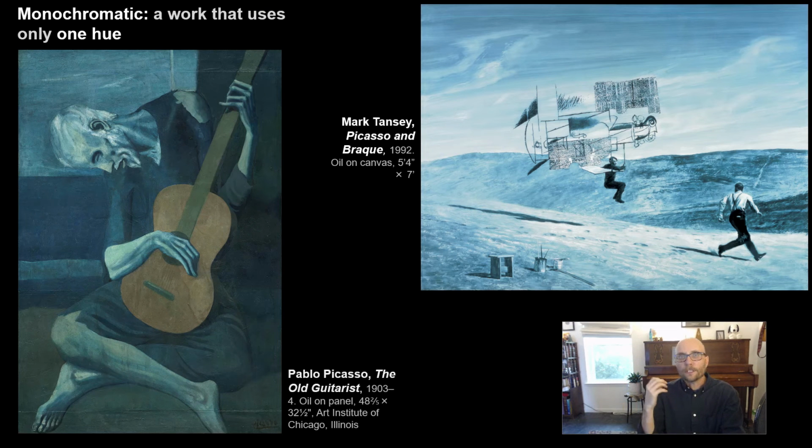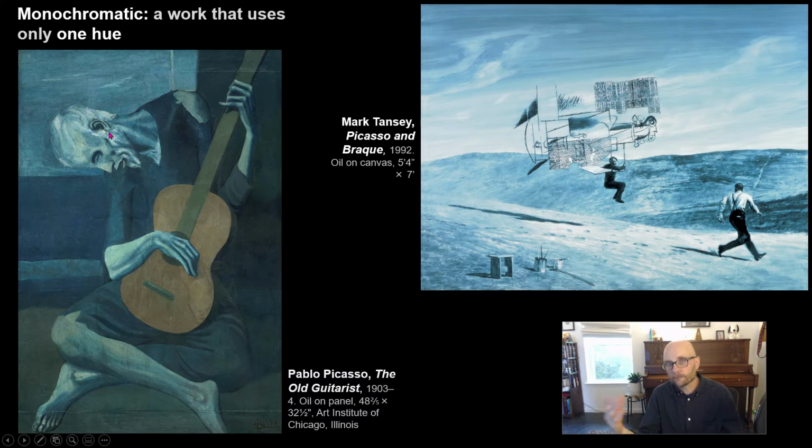You can use different tints and shades to create a work that is monochromatic. It is one hue, but different tints and shades of the same color. For example, the image on the right is monochromatic, mono meaning one, monochromatic blue, but it's different tints and shades of blue.